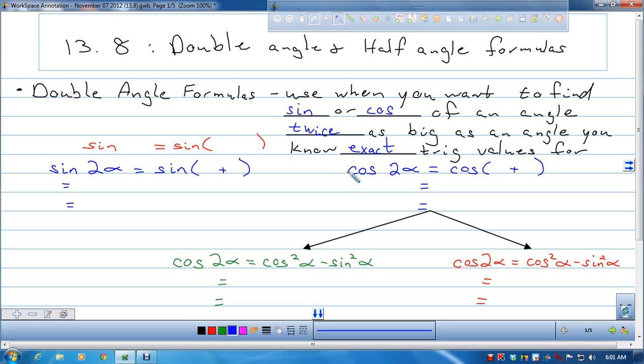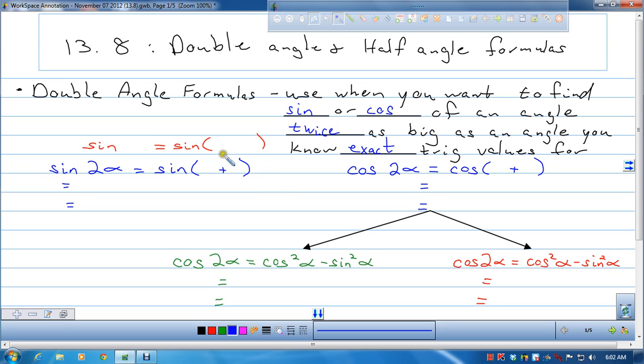So people get these confused, these double angles and half angles. The easiest way to think about it is, when I look over here at these double angle formulas, I am looking for the trig function of an angle that is twice as big as something you know, or something that appears on the unit circle.